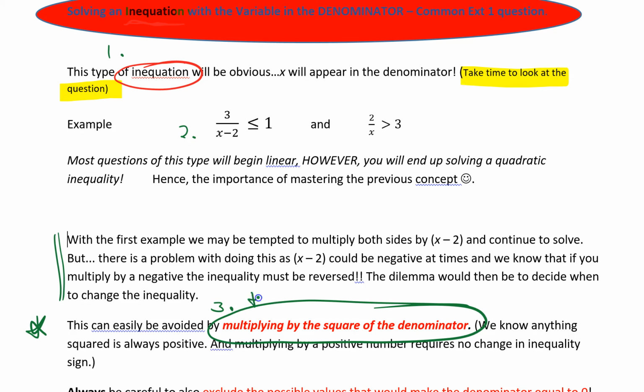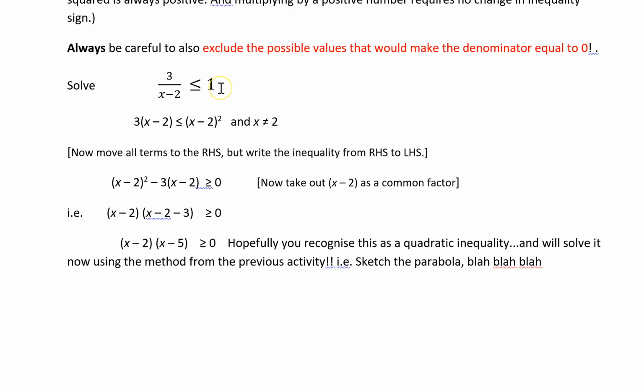Multiply by the square of the denominator. So this is the technique that you will now have to be able to recall automatically. Also, at the beginning, I would strongly encourage you to identify the x values that you can see in the beginning, the x value that cannot be part of the solution.